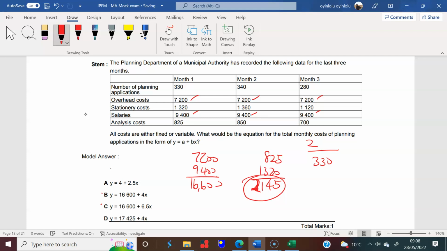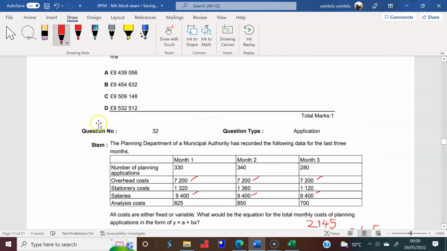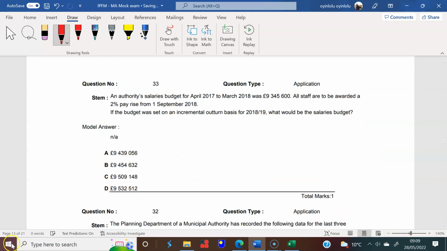So I can straight away find the variable cost per unit, which is 2,145 divided by 330 units, and it's 6.5. I'm sure you can test it across a few, but it will be 6.5. So your answer here comfortably is C, and that's how you find that.